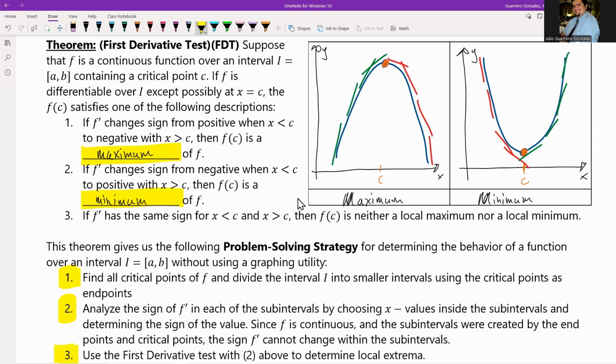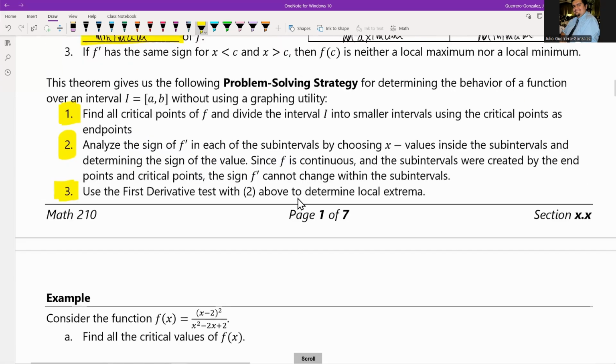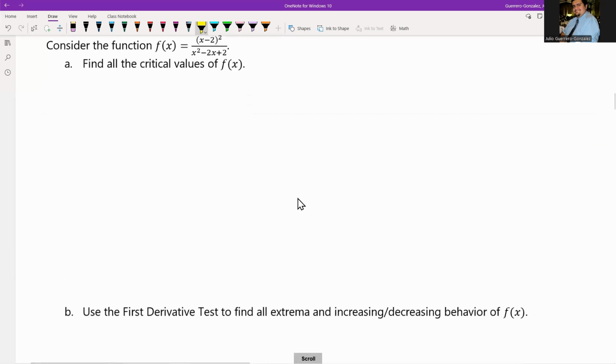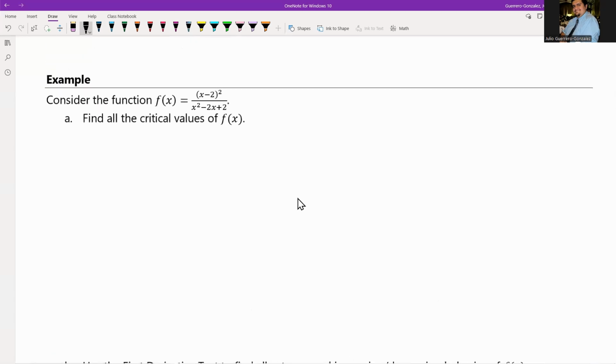I think the best way to illustrate how the first derivative test works is by doing an example. So consider this function. The first thing I'm going to do is find the critical values for now, which means I need to take the first derivative. I'm going to do it just how I've been doing it in the lectures before.